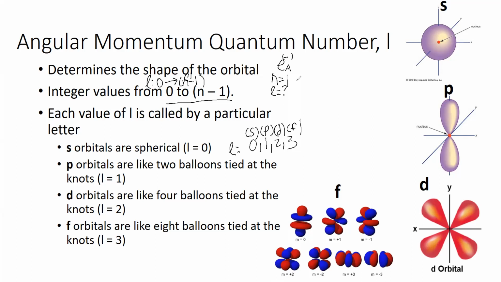So if you're in the first energy level, the only value of L you could have is 0, which is called the s orbital, which means in the first energy level, an electron is going to be found in this sphere. We don't know where it's going to be found in here. We just know it's going to be in there somewhere.